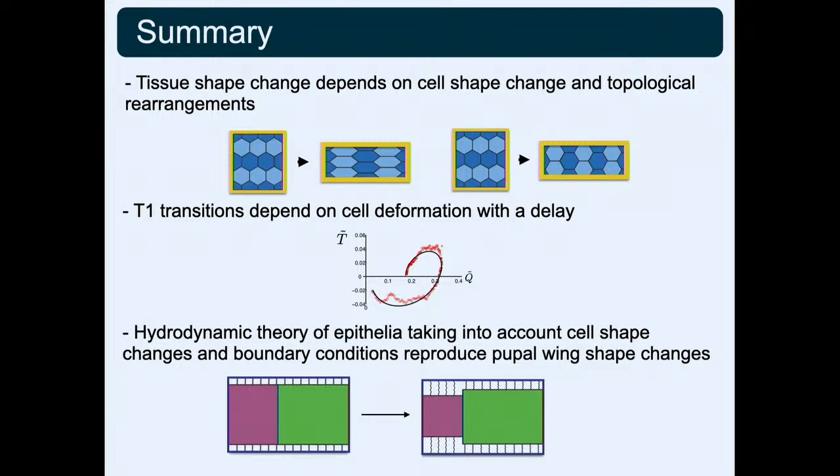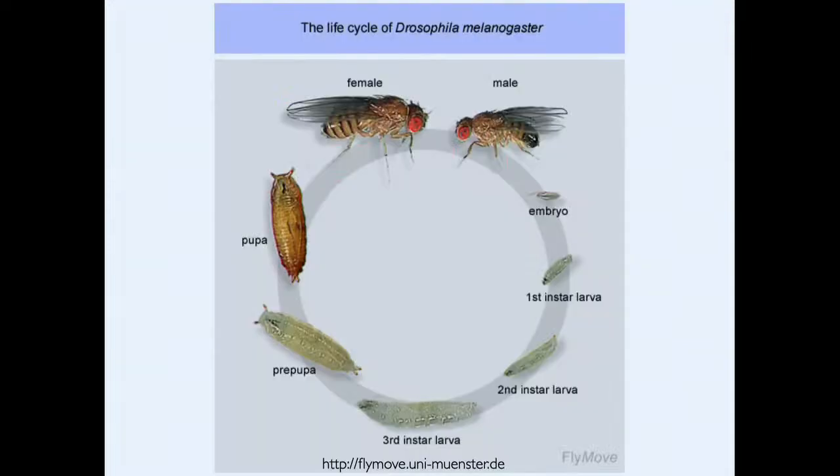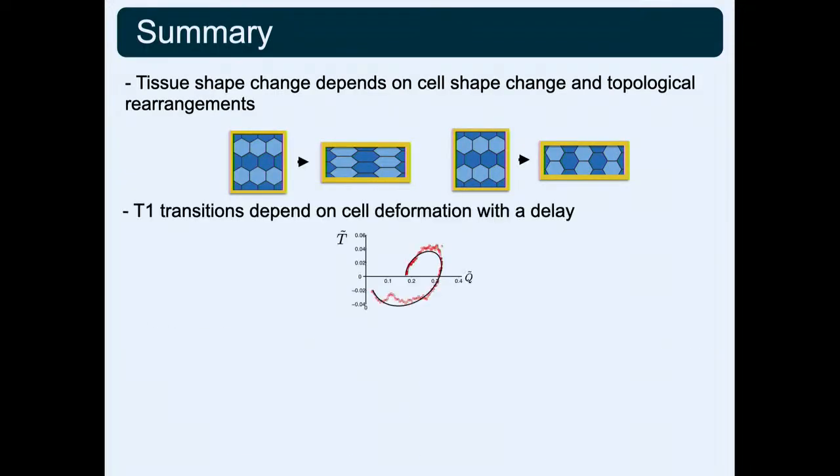There seems to be a delay between the response of the T1 transitions to the cell deformation, and there are boundary conditions connected by these polymers which are controlled by this protein called dumpy. Combined together, the active stresses and the boundary conditions can account for this overall tissue shape change.